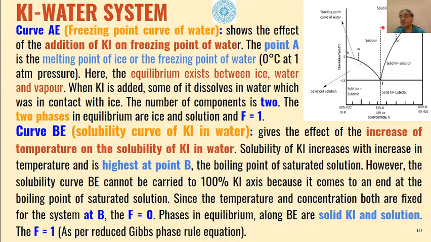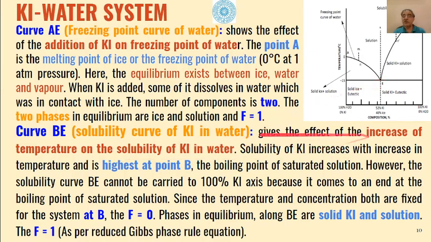Then similarly from X to E, again we have solution, and here the three phases will be in equilibrium, that is solid ice, potassium iodide and solution. The fourth one is vapor, which is ignored.